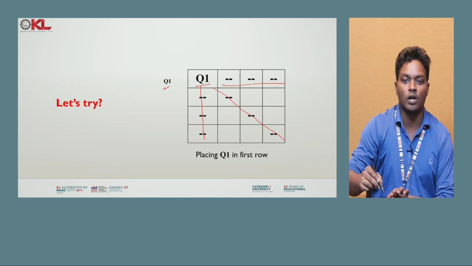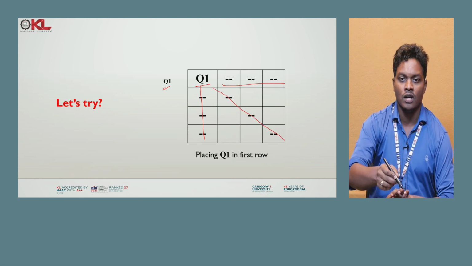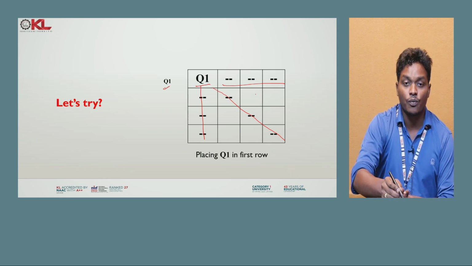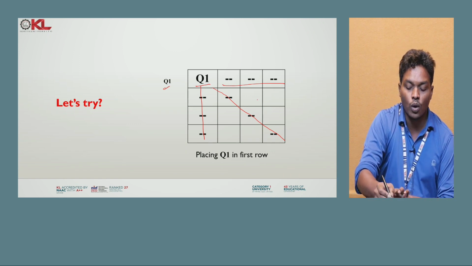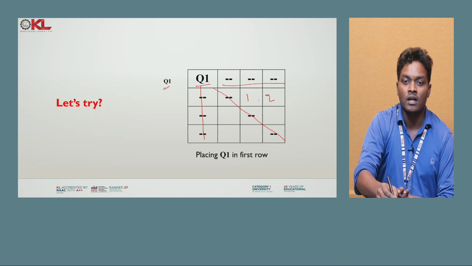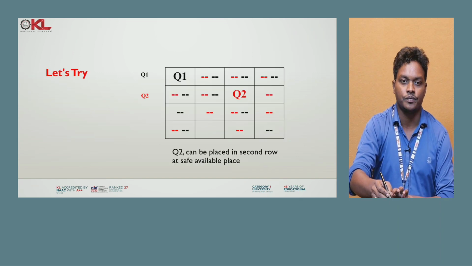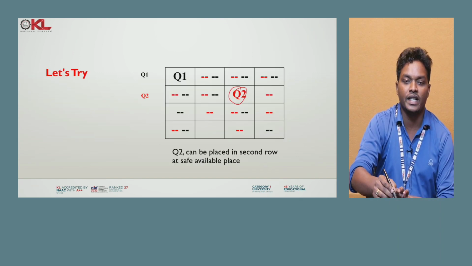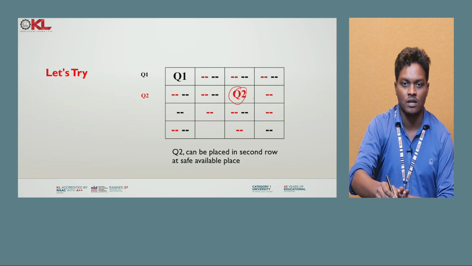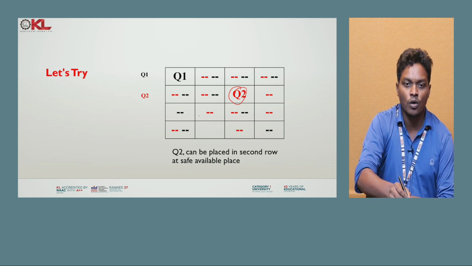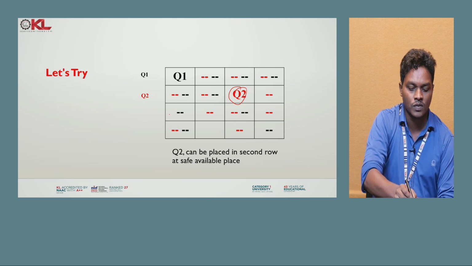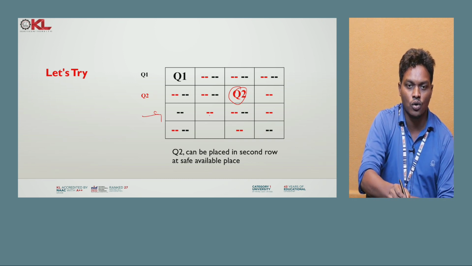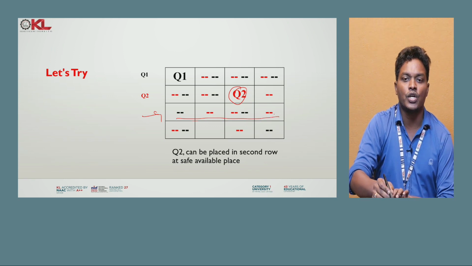What are the available spaces for placing q2? There are 2 available spaces, and within these we can safely place q2. We have placed q2 in the second row, first place. After this, there is no place for q3 in the third row.